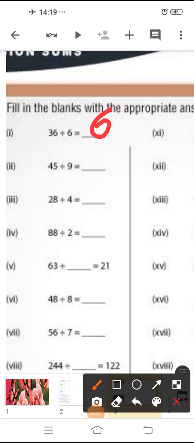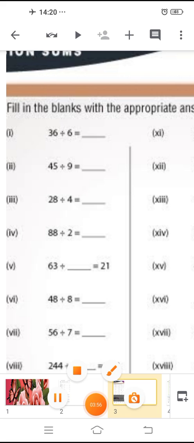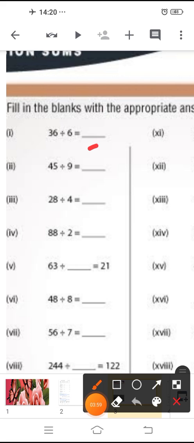Understood? Now 45 divided by 9: 9 ones are 9, 9 twos are 18, 9 threes are 27, 9 fours are 36, 9 fives are 45. So 5 is your answer.